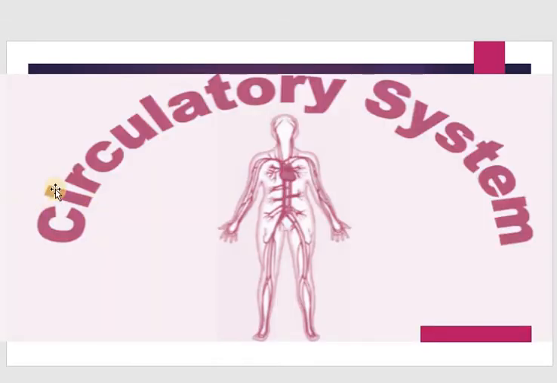Now you can see this is the diagram that shows the circulatory system. These are tubes or blood vessels, and this is the heart. In these blood vessels, blood flows to the heart and to the body as well.